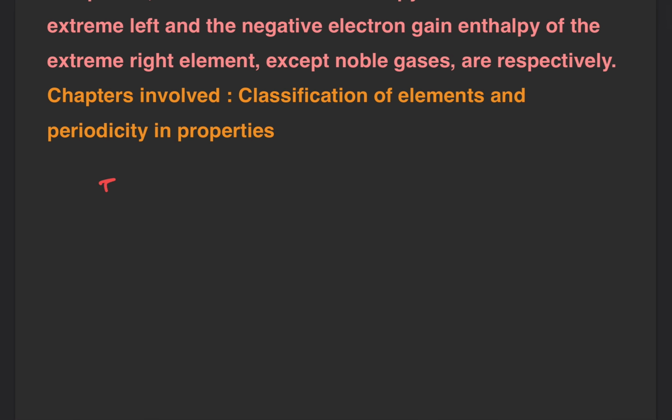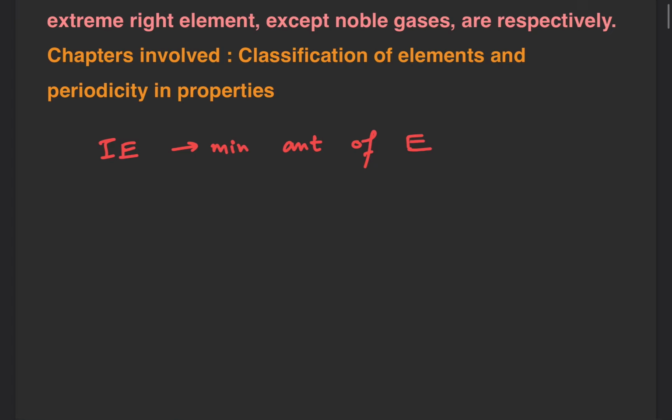So ionization energy is the minimum amount of energy required to remove the most loosely bound electron from an isolated gaseous atom so as to convert it into a gaseous cation. Okay, important.